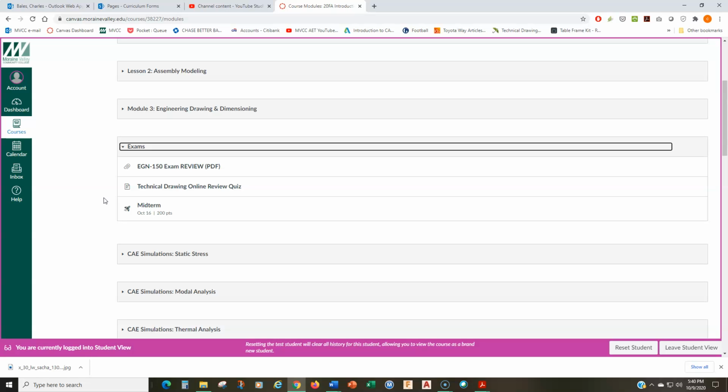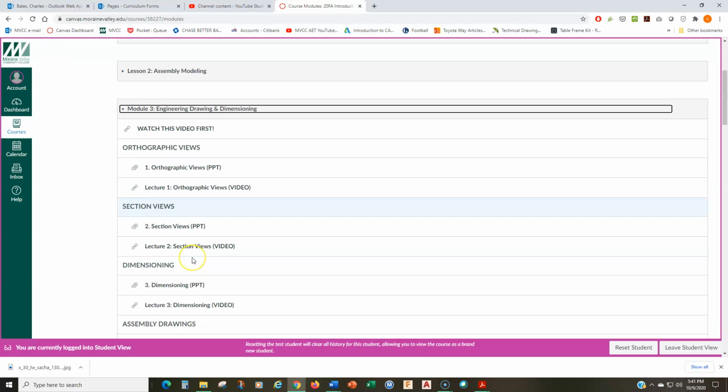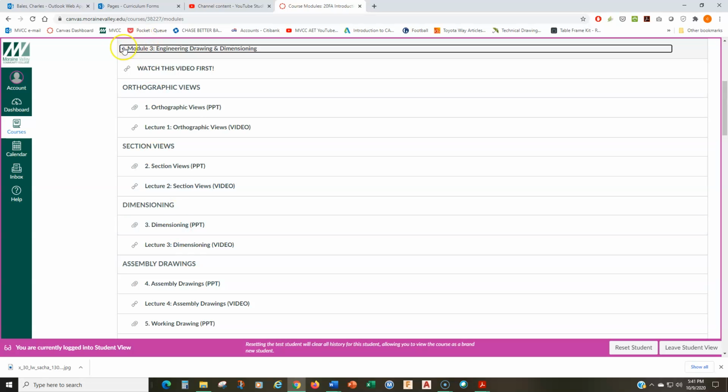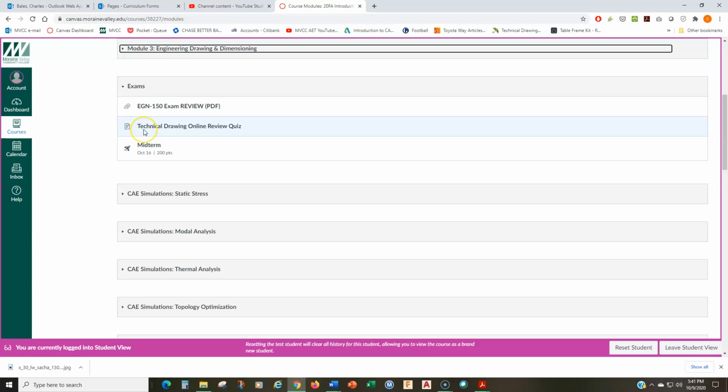All of the questions are focused on engineering drawing and dimensioning, okay? So this is what causes me the most consternation: the module that you really need to be focused on for the midterm exam, the class did the poorest on, okay?